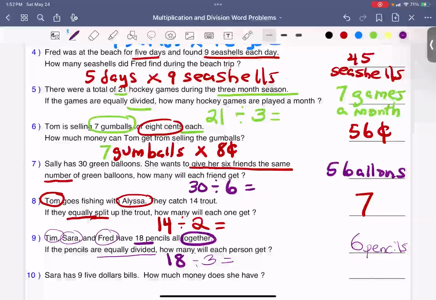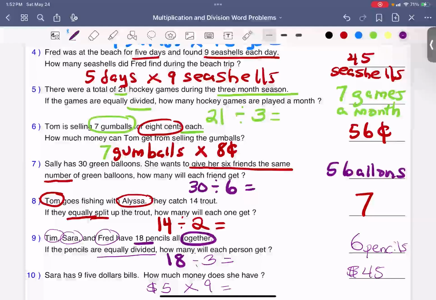So that means I'm going to have to multiply. So she has $5 bills and she has 9 of them. So 5 times 9 is equal to $45. So she has $45.